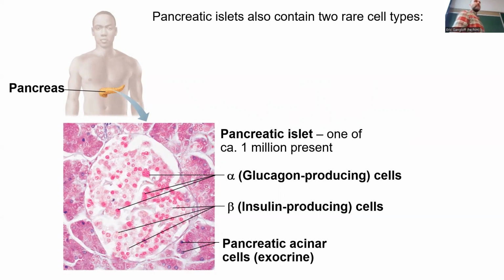Now, all of you have heard, of course, of diabetes. There's type 1 and type 2 diabetes. Type 1 is genetic and congenital, meaning that you're kind of born with this condition because of a mutation in the gene in the beta cells that reduces the production of insulin.